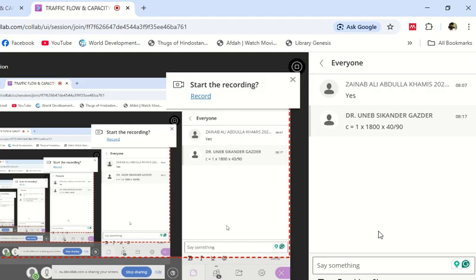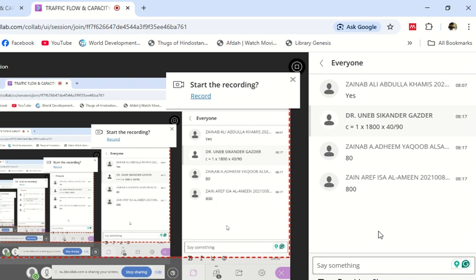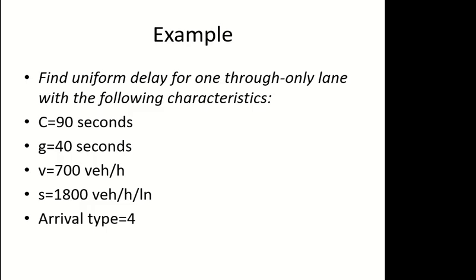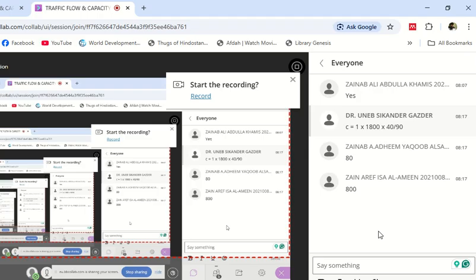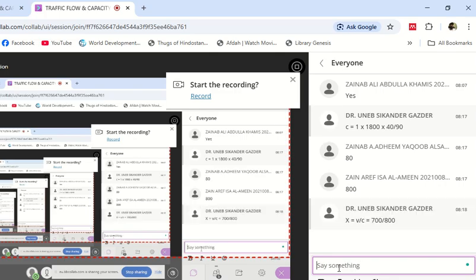How much is the capacity? 800 only. How come? 1800 multiplied by this. Okay, then we calculate the V by C ratio: 700 divided by 800. How much?